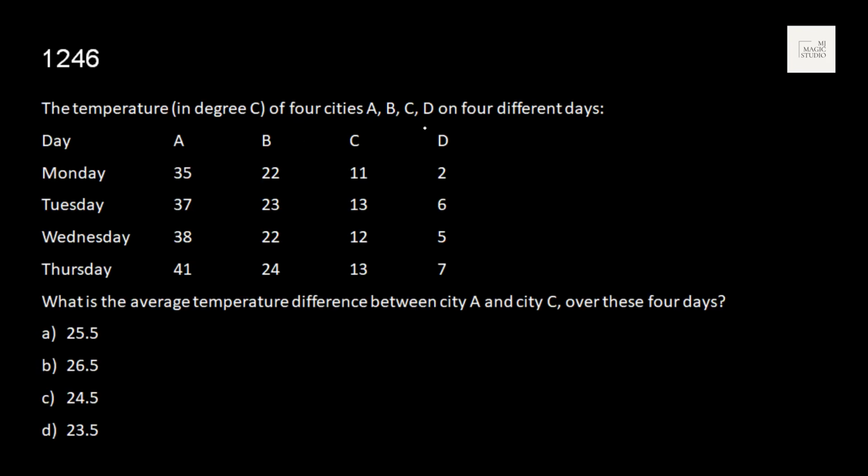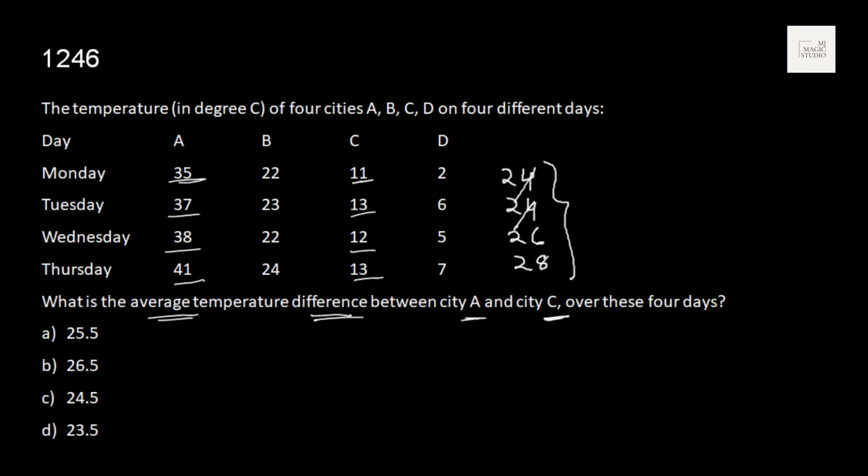The temperatures of 4 cities A, B, C, D on 4 different days are given. What is the average temperature difference between city A and city C? Okay, 35 minus 11 is 24. 37 minus 13 is 24. 38 minus 12 is 26. 41 minus 13 is 28.